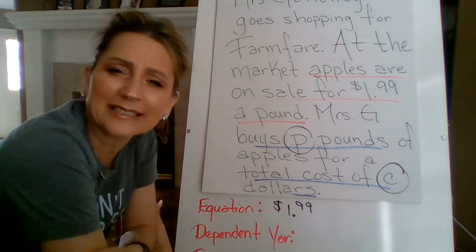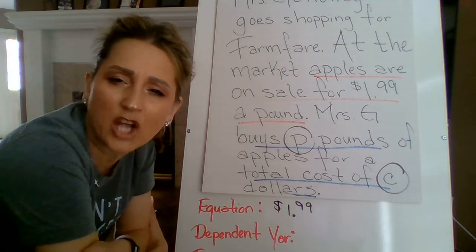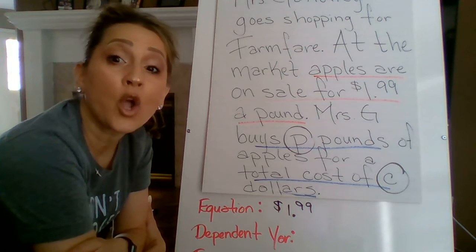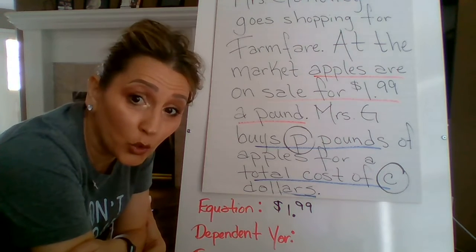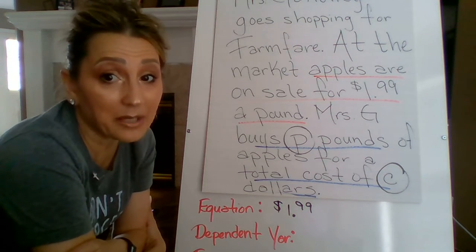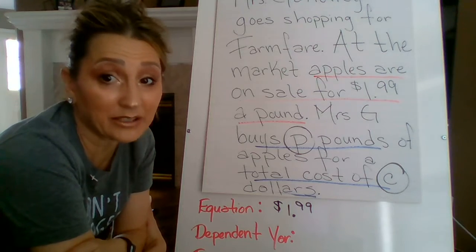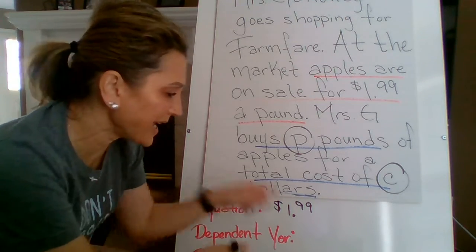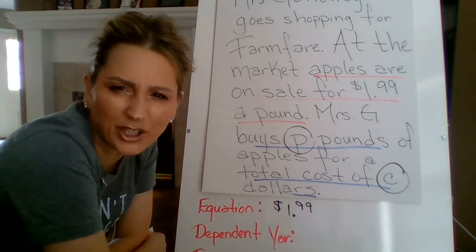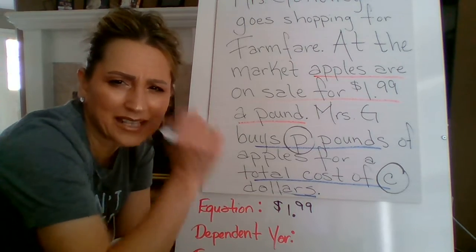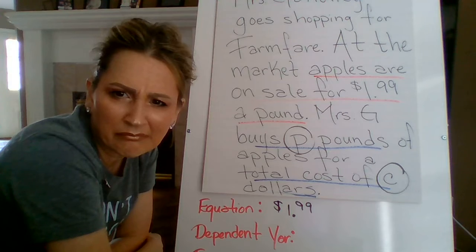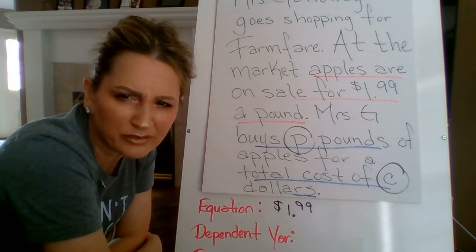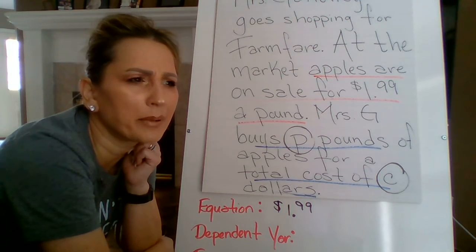So if I was buying some pounds of apples and I knew they cost $1.99, what mathematical operation would I use in telling me how much those pounds of apples cost? Would I take $1.99 and add p to it? Would I add $1.99 plus 3? The 3 pounds of apples? $1.99 plus 3 pounds of apples.